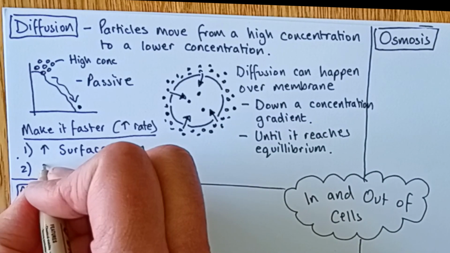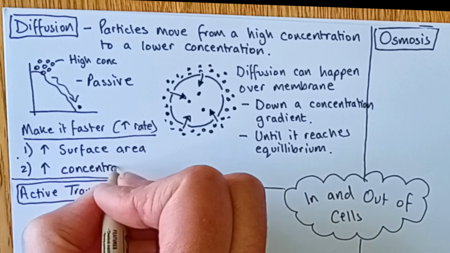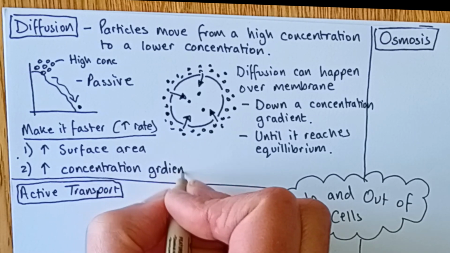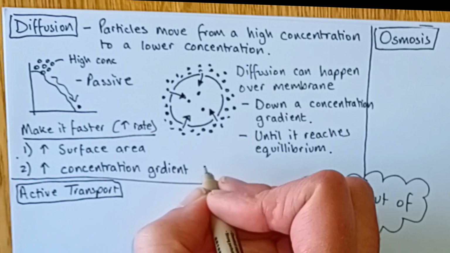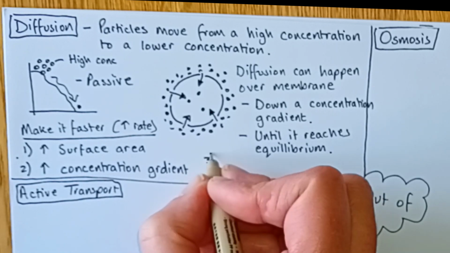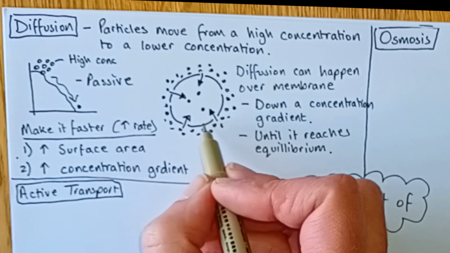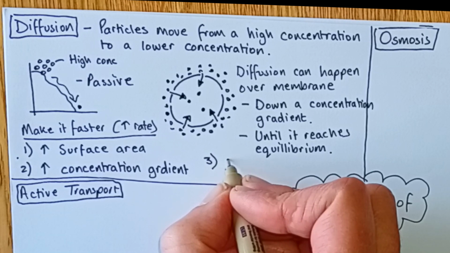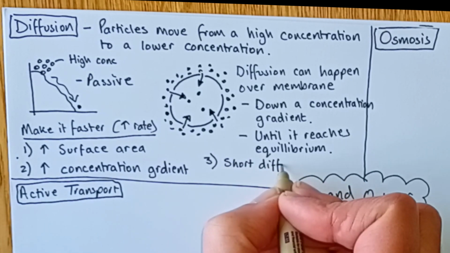So increase the concentration gradient. The third way we can make diffusion happen quickly is by making the distance the particles have got to move as small as possible. We call it a short diffusion pathway. In other words, make it thin.